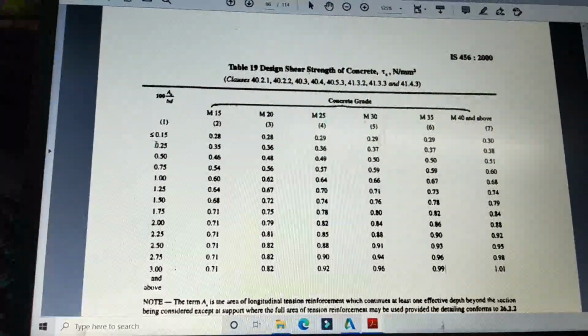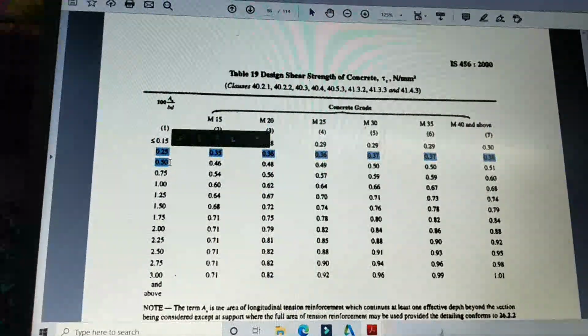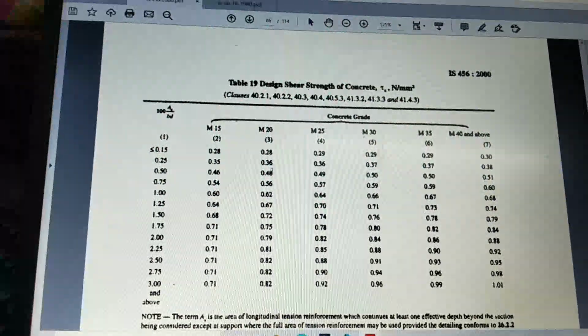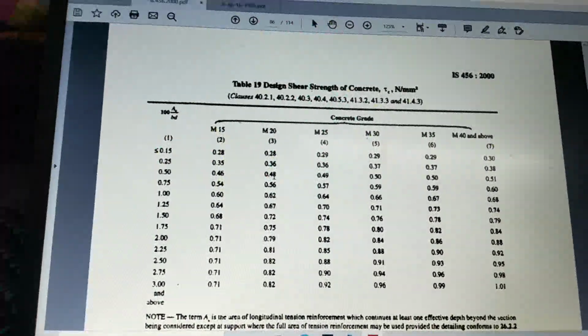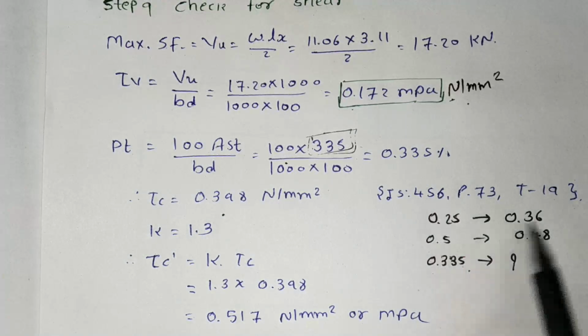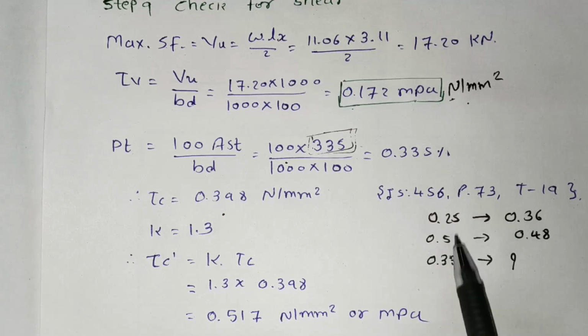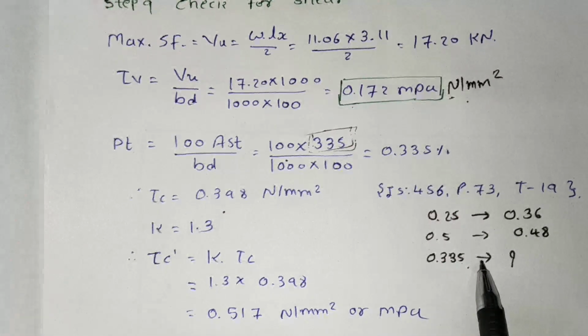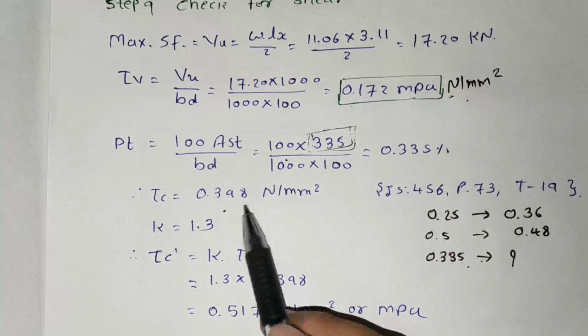So we have to interpolate between 0.25 and 0.50; using M20, 0.36 and 0.58. Our answer lies in between this. At 0.25 we get 0.36 and at 0.5 we get 0.48. So at 0.335 we get the answer 0.398.